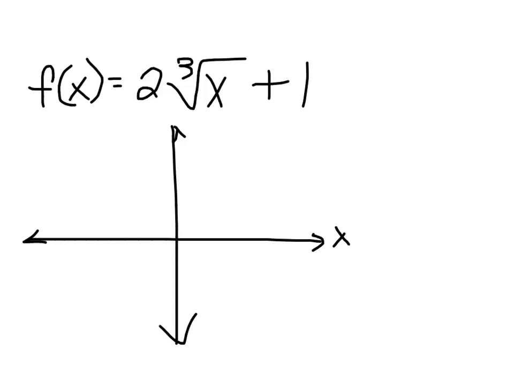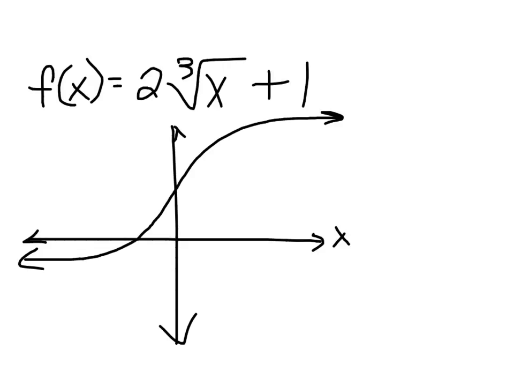Now, knowing a little bit about it, because there is a cube root, that's an S curve. But there's a 1 on the outside, means I'm shifting it up 1, and a 2 multiplied on the outside, meaning the vertical stretch by 2. So therefore, I'm guessing it looks something like this. Without having to look at it on the calculator, I'm guessing it looks something in that vicinity, right? Yep. Those of you who graphed it, is that about close enough?